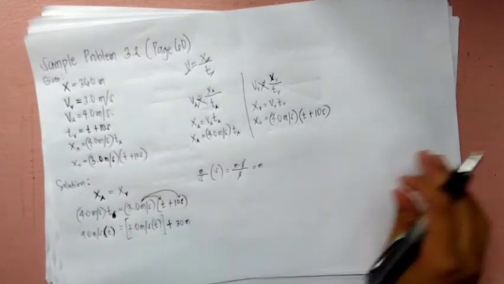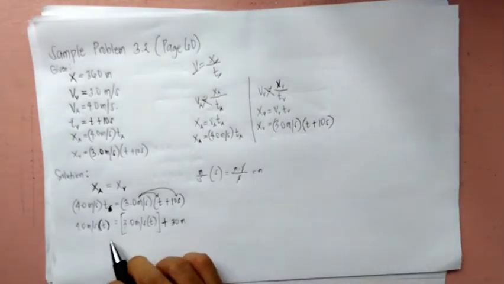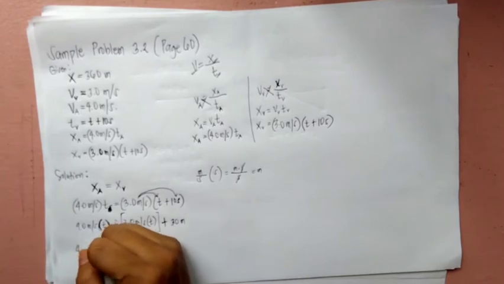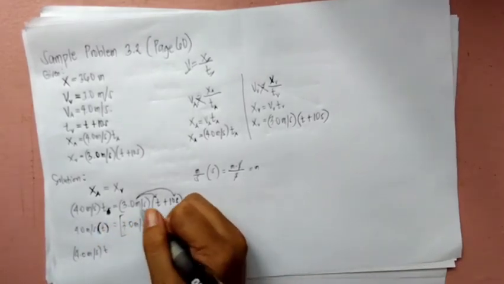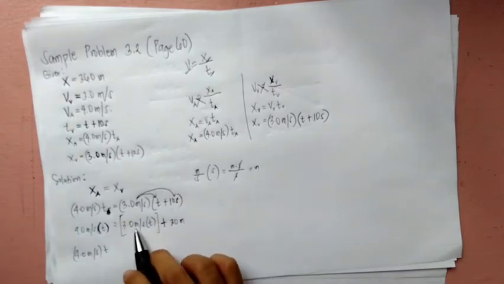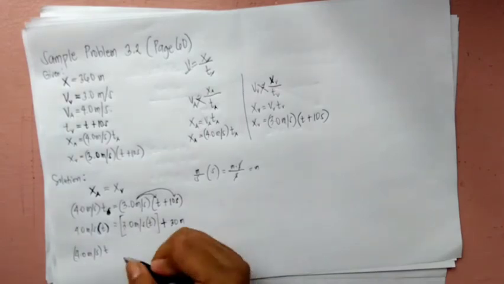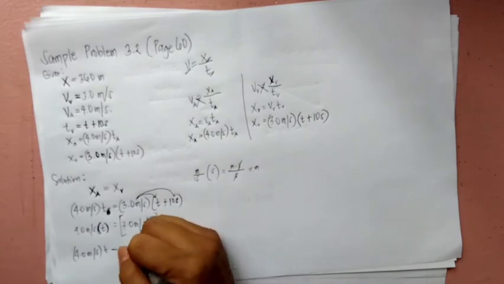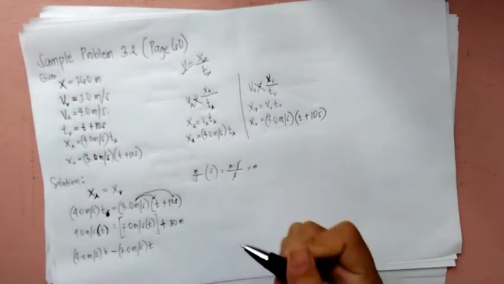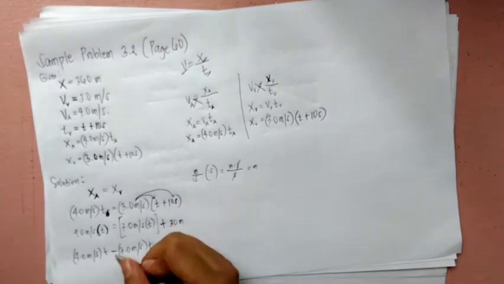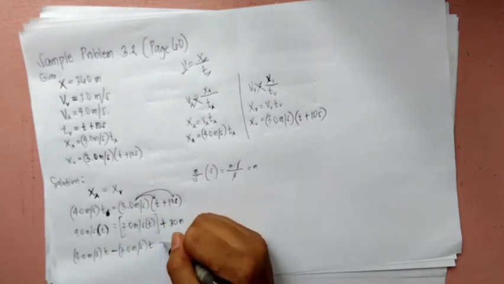Okay, so what will happen next is we are going to combine like terms. So 4.0 meters per second t, plus, transposing this, minus 3 meters per second t. Of course, it will become negative.